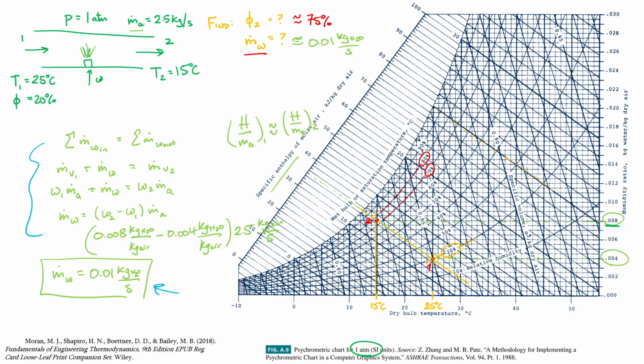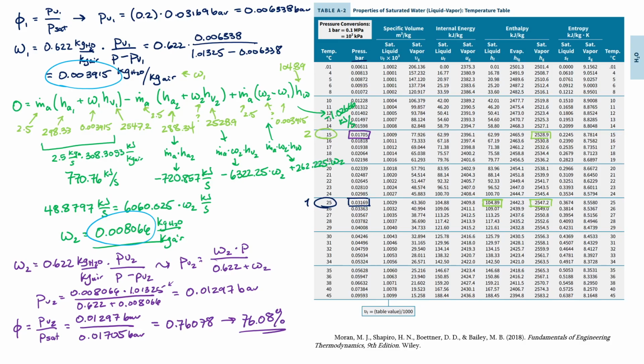Okay, last piece here. I talked a little bit about how my specific enthalpy for my moist air is more or less the same. And if I go back to this, here is my overall equation.